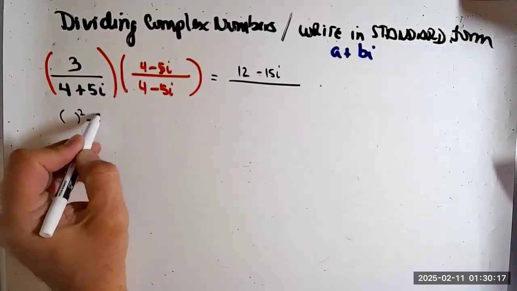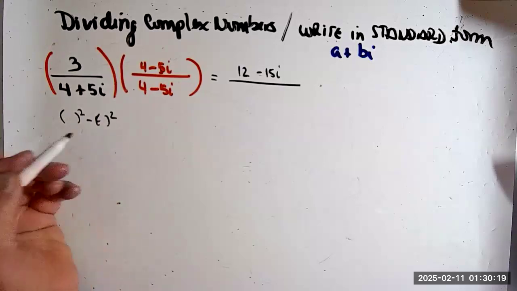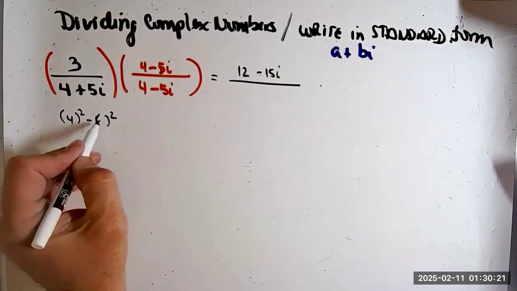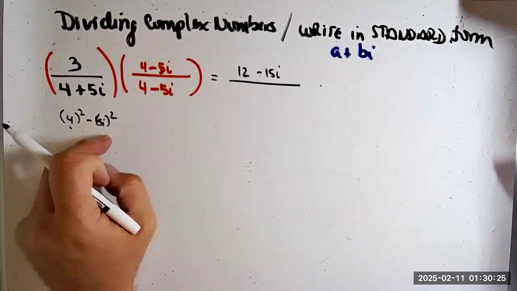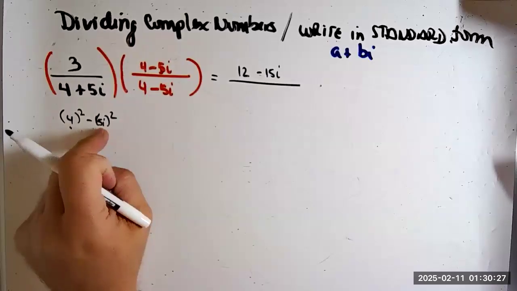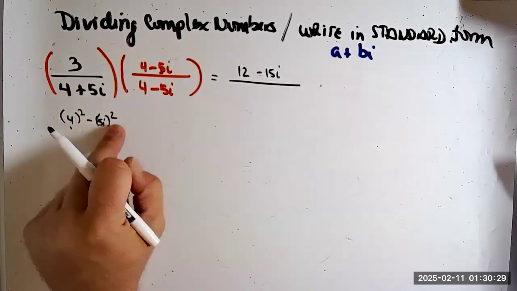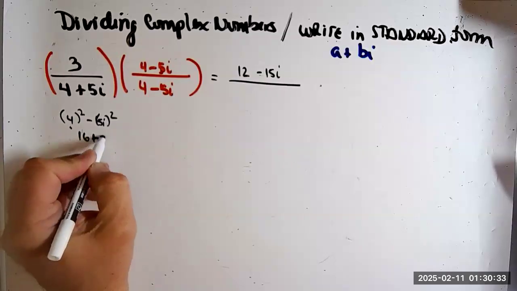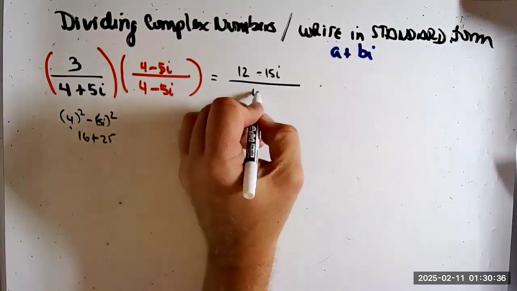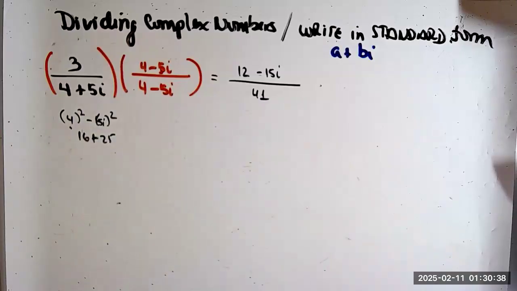It will be a squared minus b squared. So 4 times 4, 16. 5 times 5, 25. The minus becomes plus because of the i squared. It will be 16 plus 25, which would be 41. And we are done.